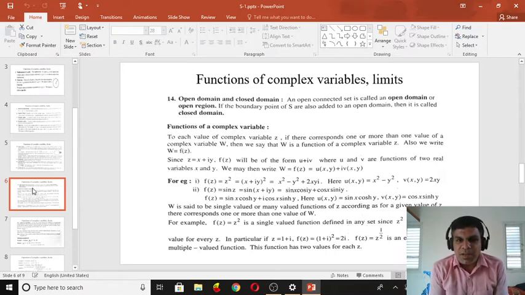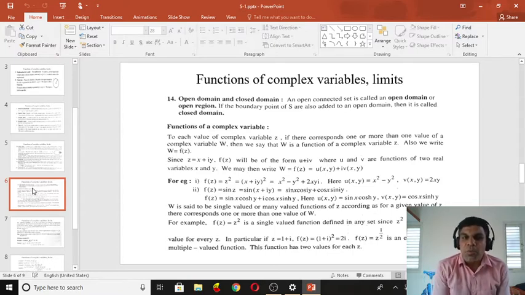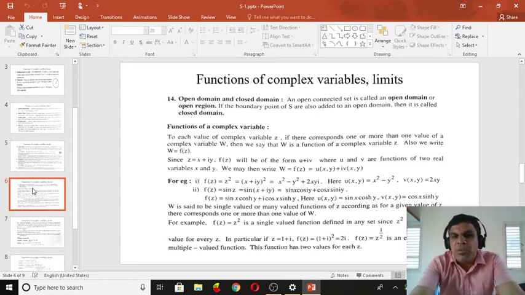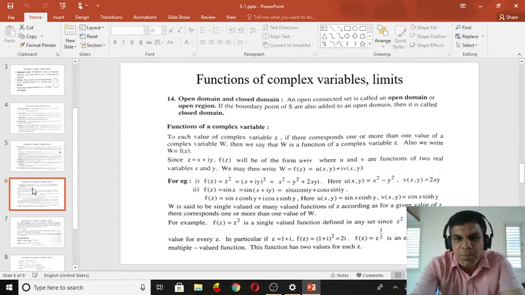If the boundary points of S are also added to the open domain, then it is called a closed domain. Means you are considering the boundary points. That's all.